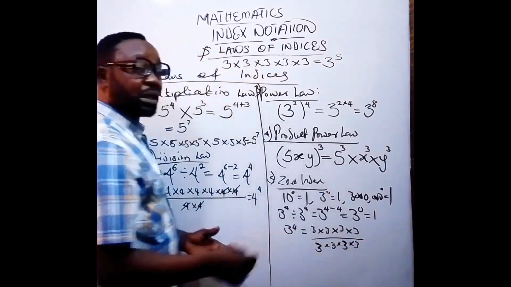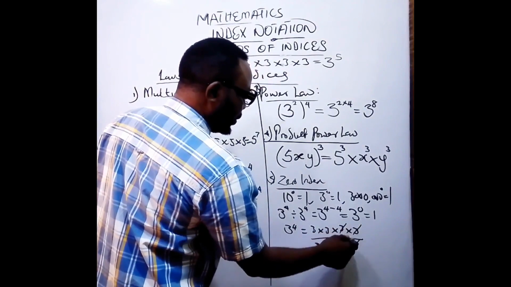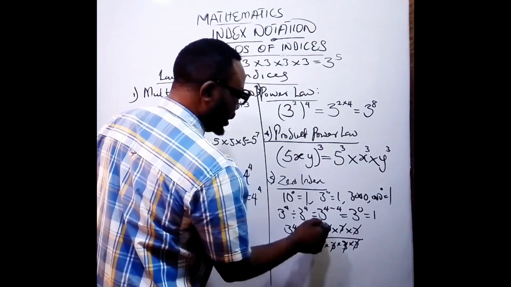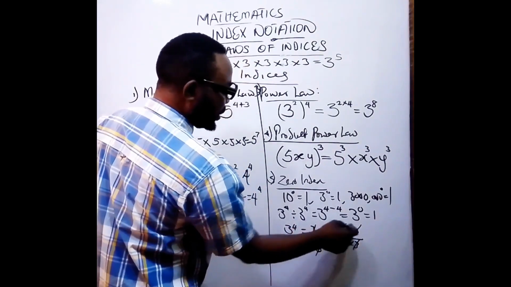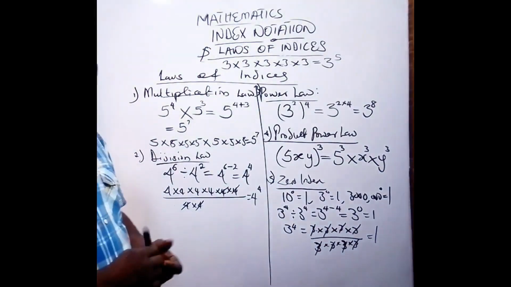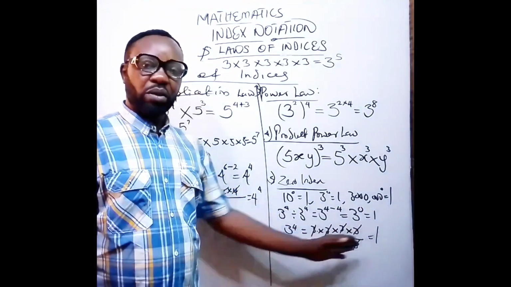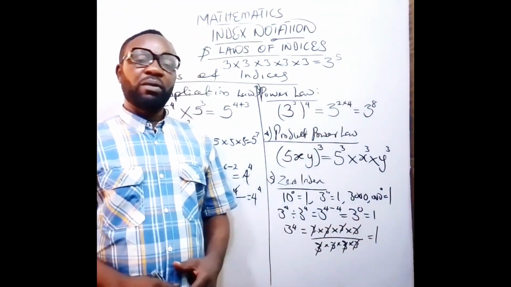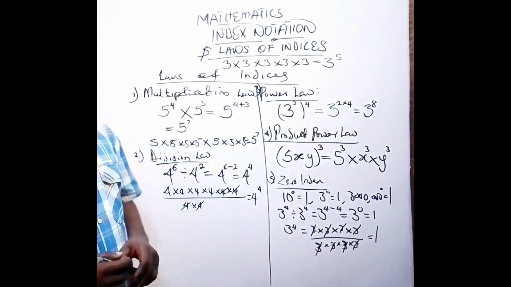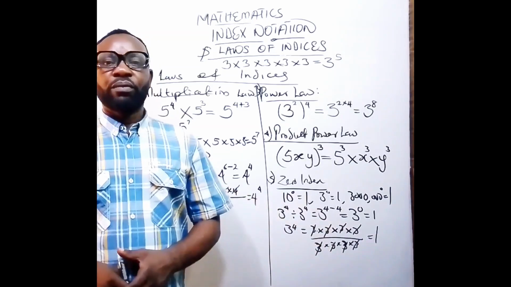If you start dividing it one after the other, 3 over 3 is 1, and so on for each of the four pairs. 1 times 1 times 1 times 1 will be equal to 1. You can see that 3 raised to the power of 0 is equal to 1, and this one also is equal to 1. So it has been proved that anything raised to the power of 0 will be equal to 1. Take note of that.